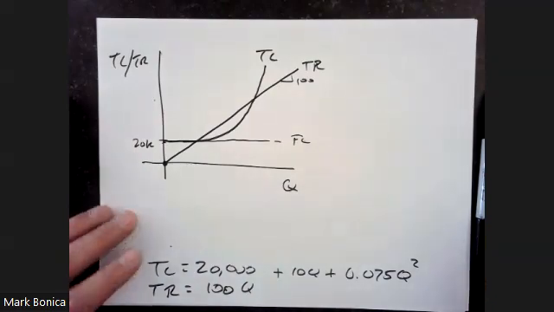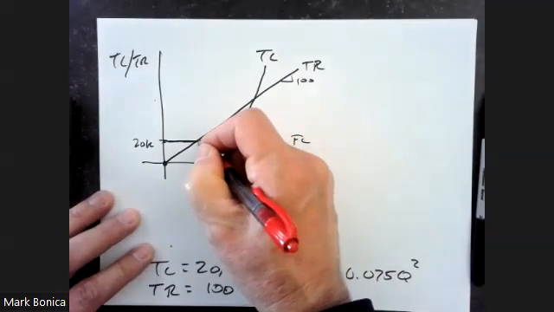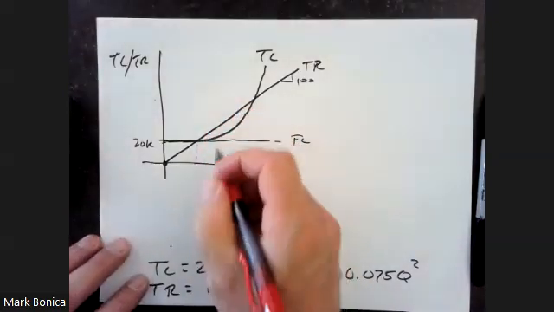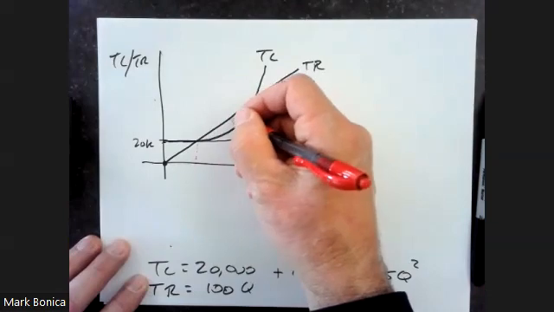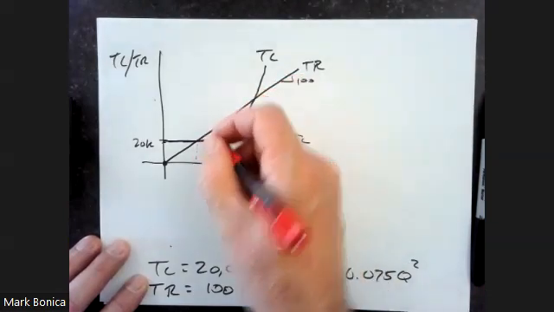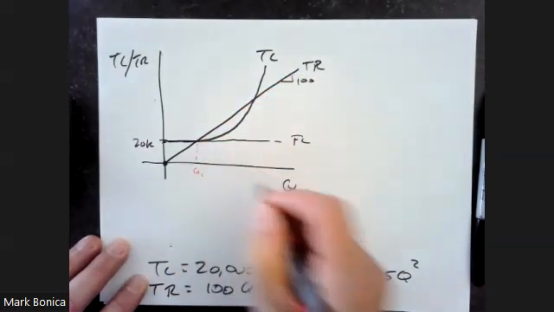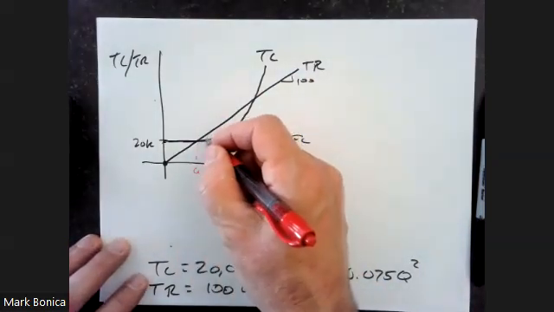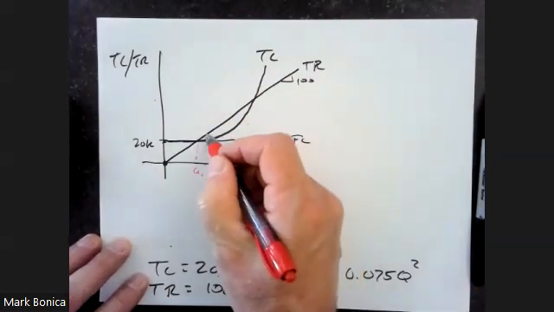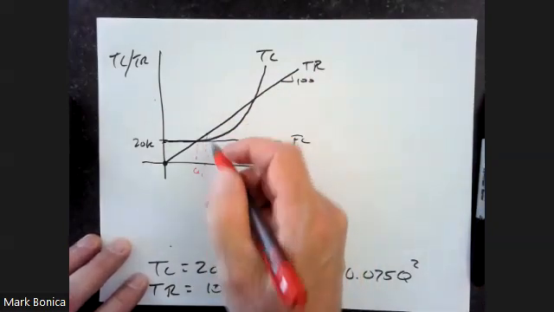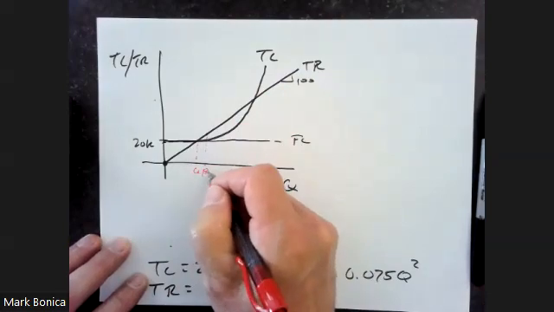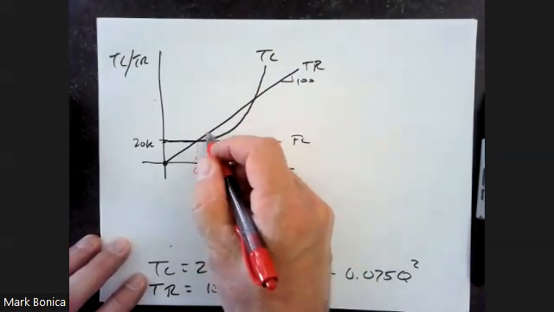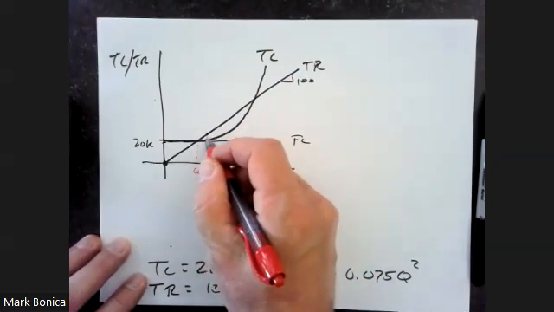And when the total revenue curve crosses the total cost curve, let's call that Q1, at any point to the right of Q1, if I draw a line straight up to say Q2, the total revenue curve is above the total cost curve.